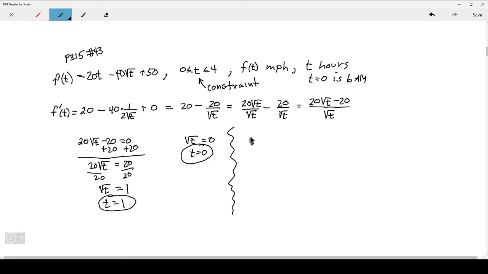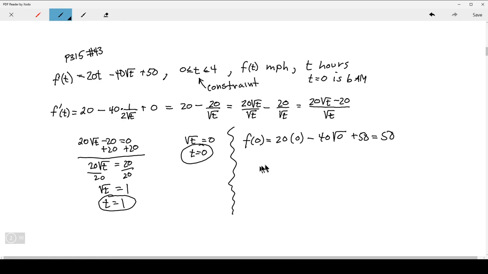All right, and I go back to the function to do that. So f of 0, all right, so that is 20 times 0 minus 40 times the square root of 0 plus 50, and that is going to be 50. All right, now 0 is an endpoint. It's also a critical point.